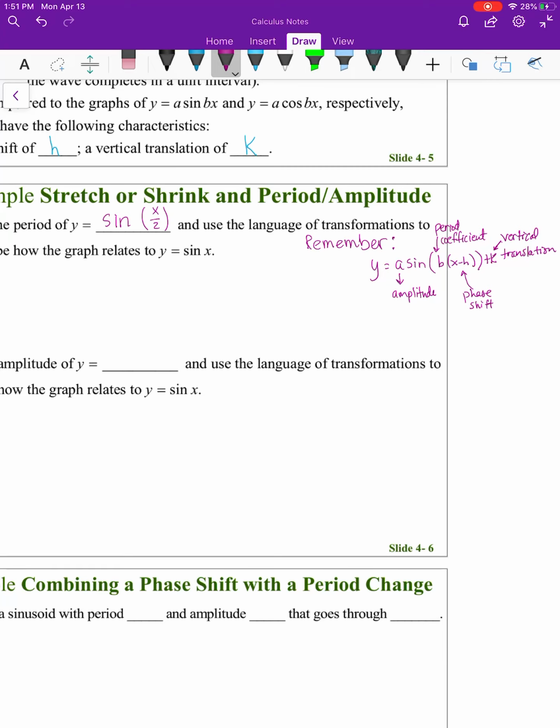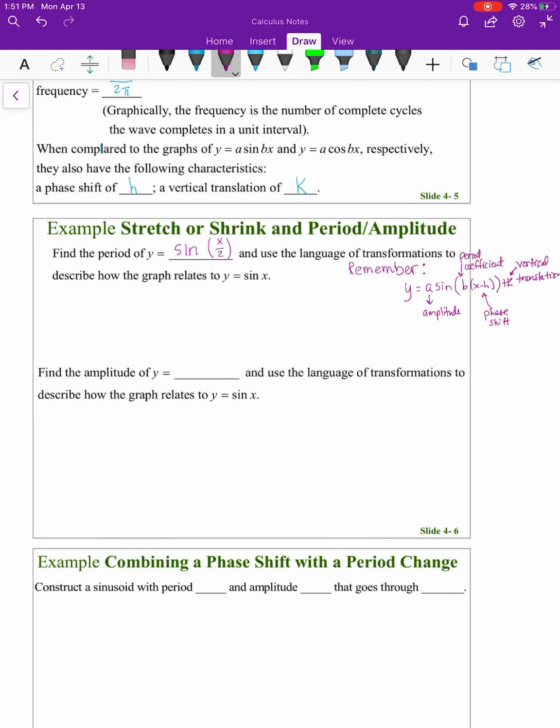And now when we look at this, really 1/2 x is just our b, right? So our b there is 1/2. So by looking at that and comparing it to all the things that we have, our amplitude is 1, right?